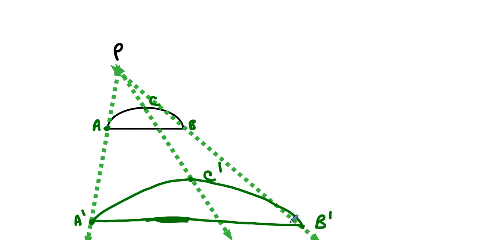Its base is 3 times as big as the base of the original figure. This arc is 3 times as long as the corresponding arc on the original figure. This is how dilations work.